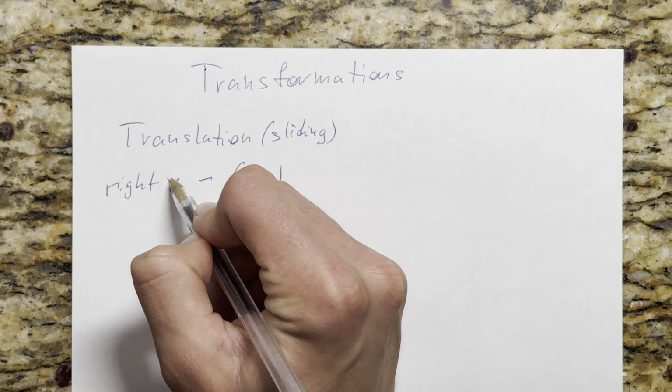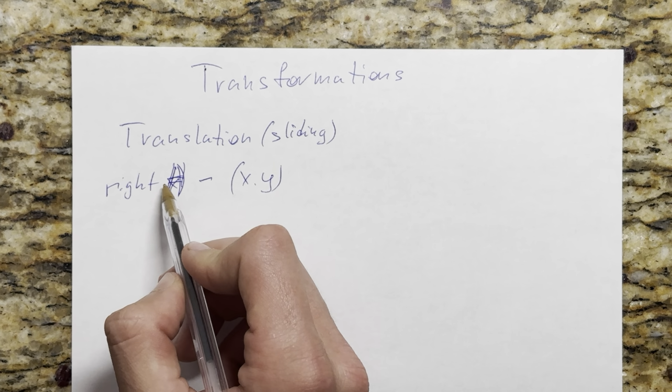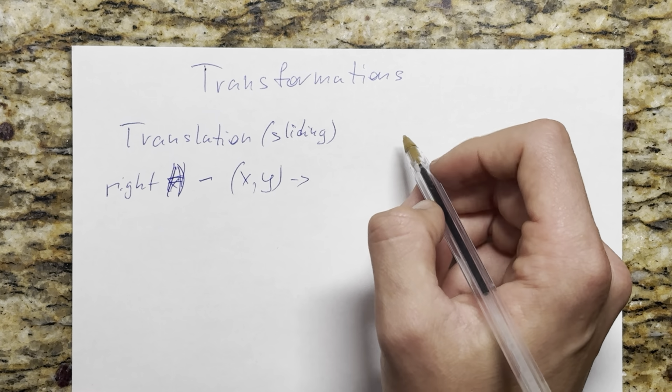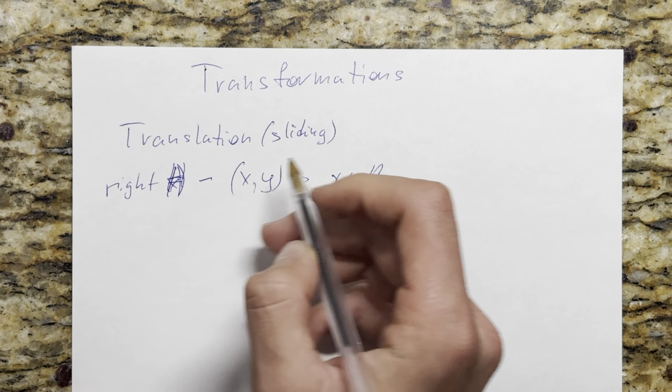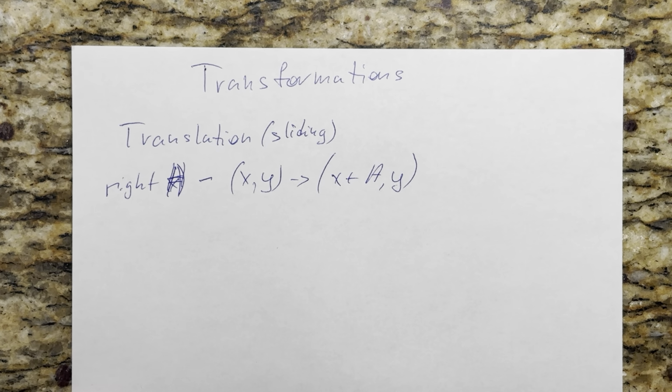But actually let's put an a over here. If we want to move our image a points to the right, from our original notation we'll have to make x plus a, the number of points we want to slide it, and y as it is.